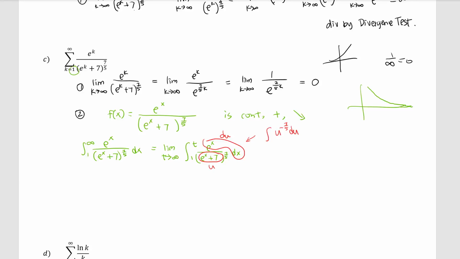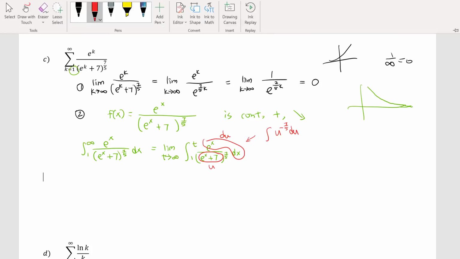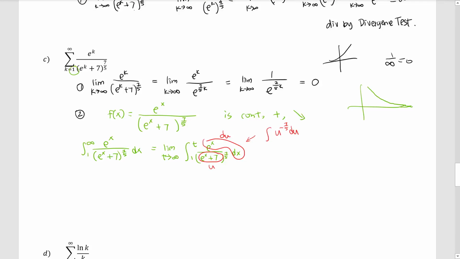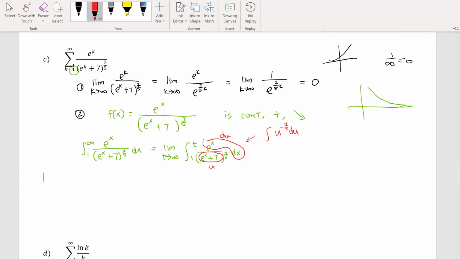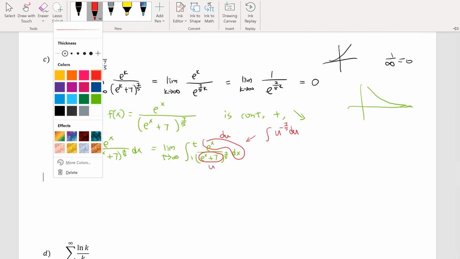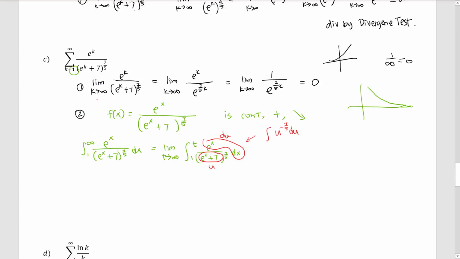So what is that? Okay, let's continue. All right, so we have the integral of u to the negative 7 over 5. We add 1 to it.